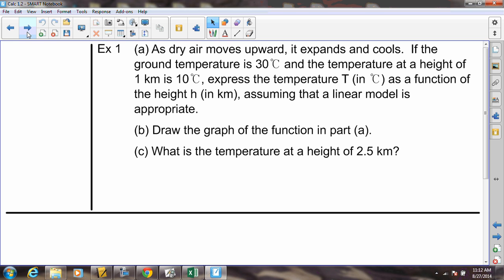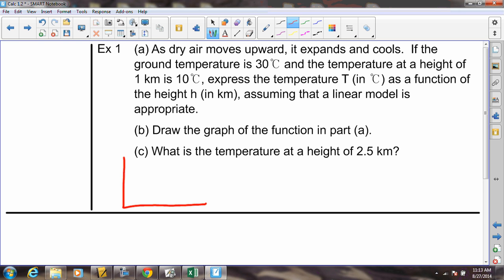If the surface temperature or the ground temperature is 30 degrees Celsius and the temperature 1 kilometer up is 10 degrees Celsius, express the temperature as a function of height, assuming a linear model is appropriate. Basically, create the line that goes through the points. So, draw the graph.